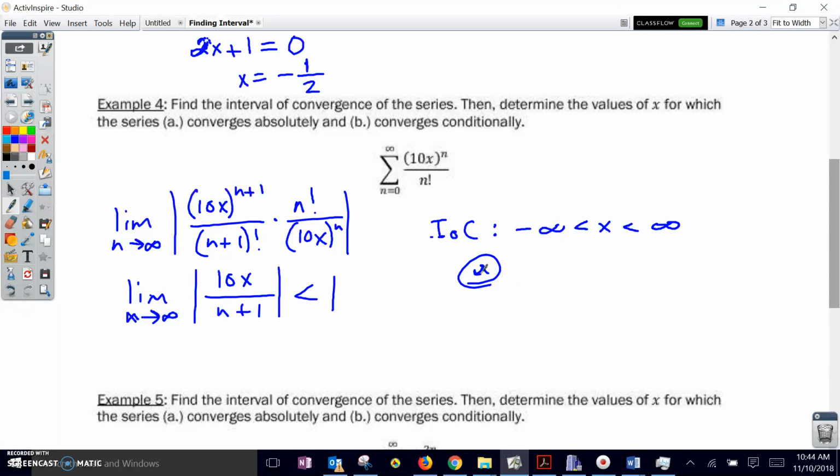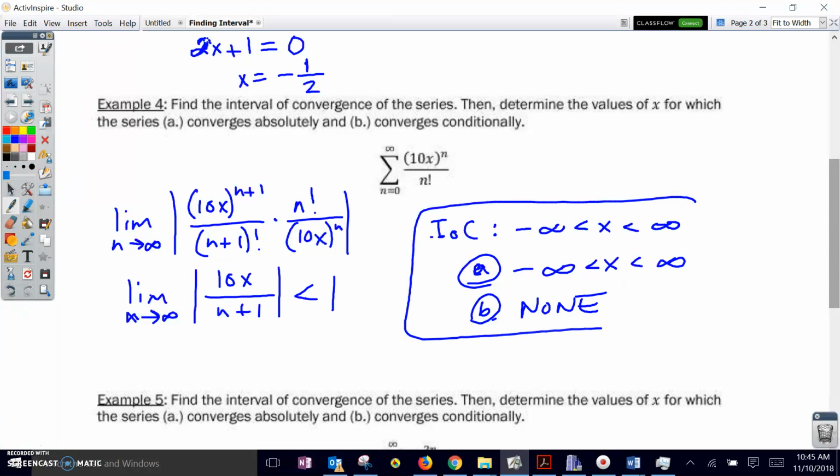And then it converges absolutely everywhere in the interior of that interval, and it converges conditionally nowhere. Alright, so the fact that n is going to infinity here makes this series converge no matter what real number value of x we choose.